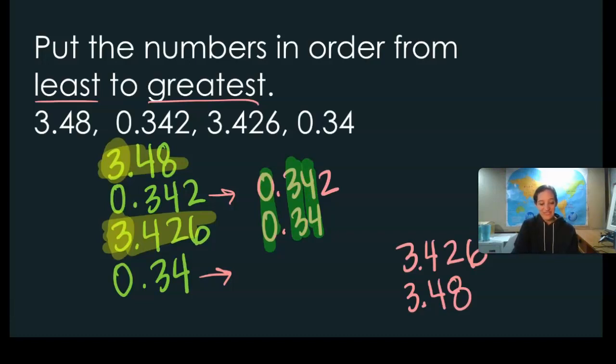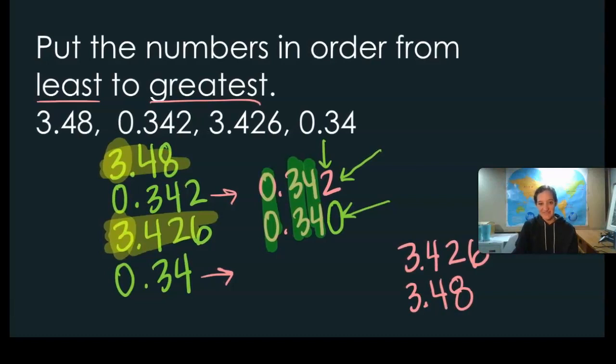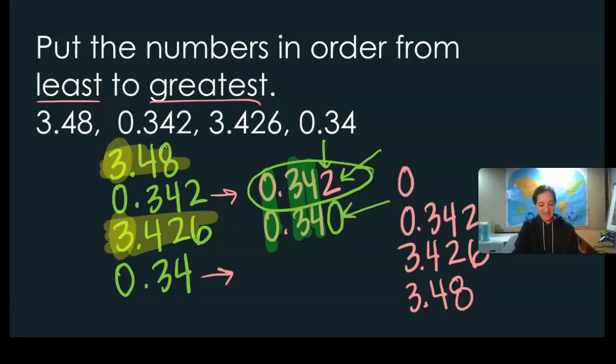So the only difference between these two numbers is the thousandths place. This has 0 thousandths, and this one has 2 thousandths, which means this number right here is the next biggest number. So we're going to put that above, and that means that just the 34 hundredths is the smallest number.